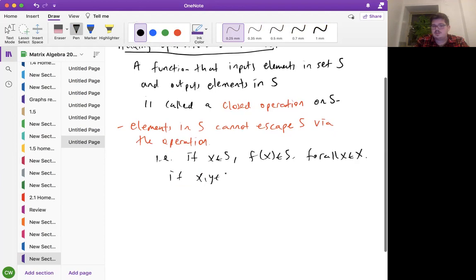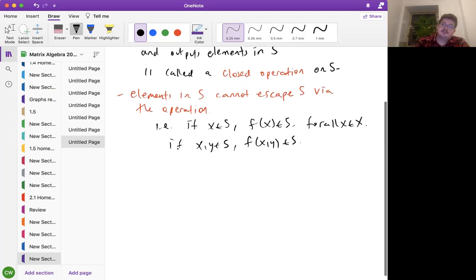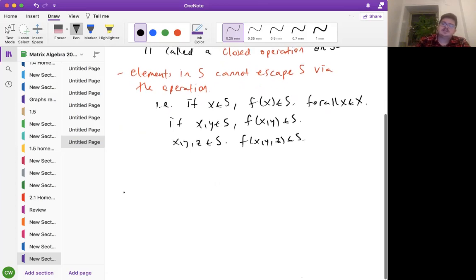It could be on two elements: you take a pair of elements and the function on the pair is still an element of S. That could be a function on three elements, etc.